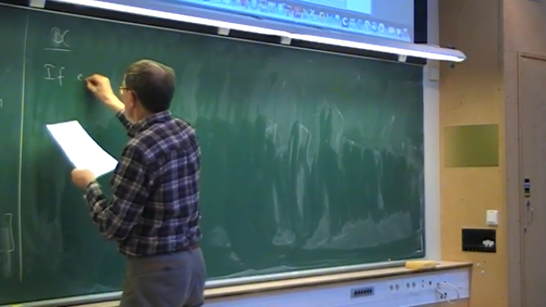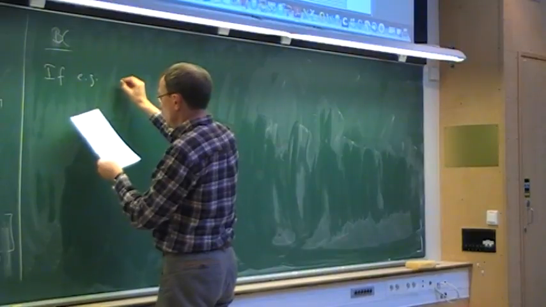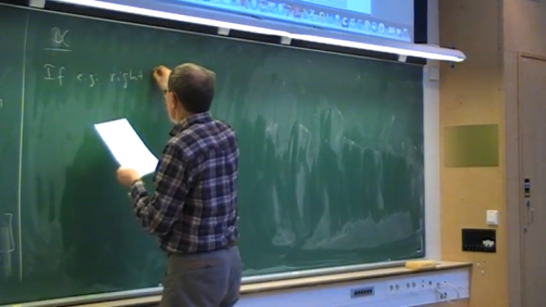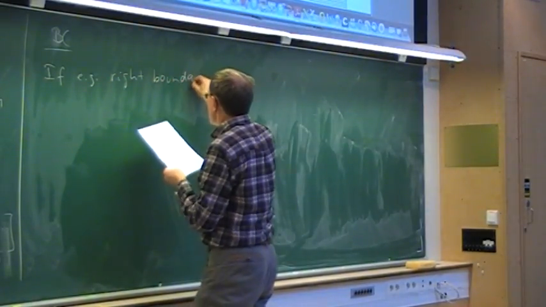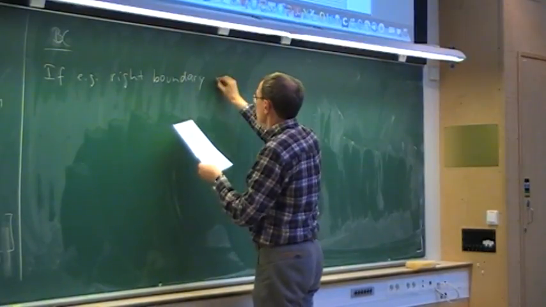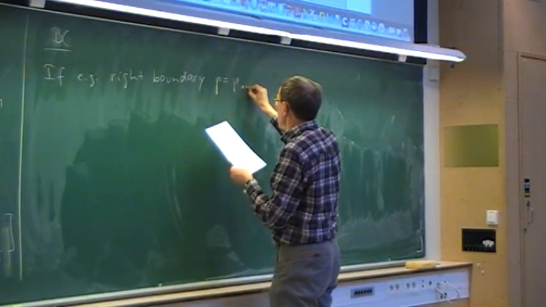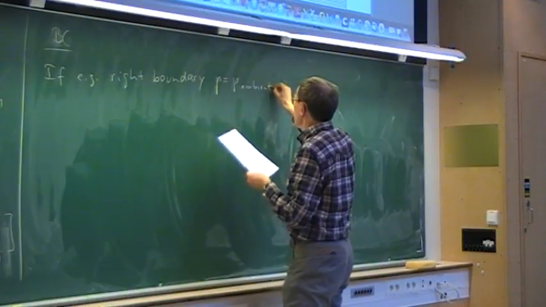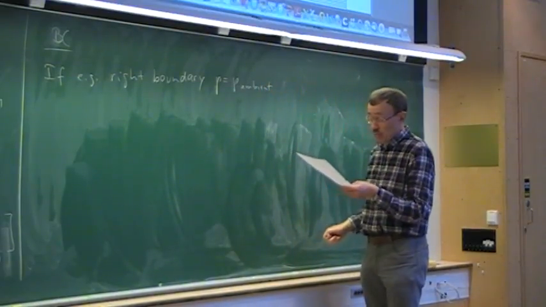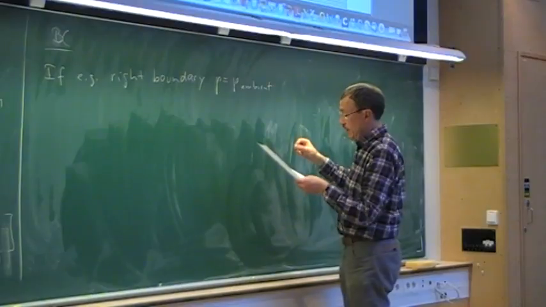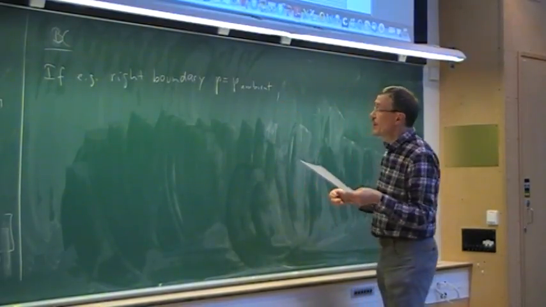Let's take that here as an example: the right boundary has P equal to P ambient. In our case, we would say 0, because we have the gauge pressure.